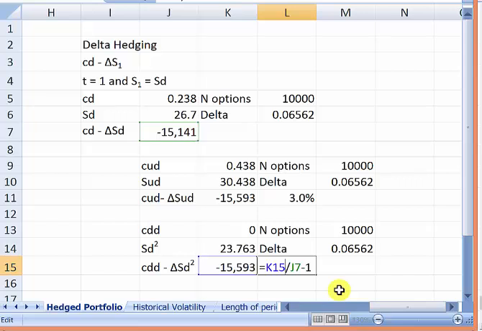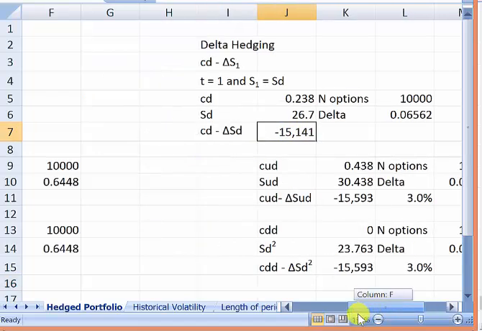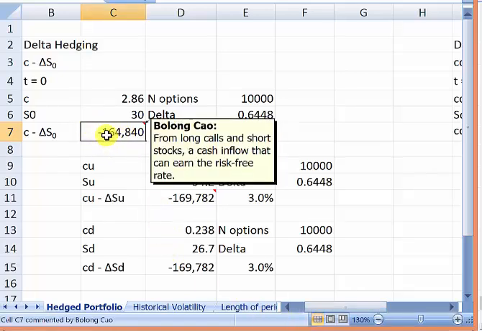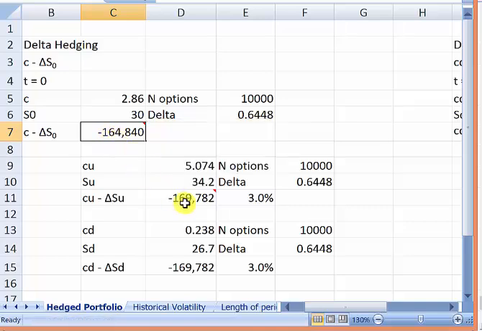The change is still 3%. Okay, so let's think in very simple terms. After one period, you can use the cash inflow grown at 3% to pay off the liability, and you clean out every position, both the long call and the short underlying.